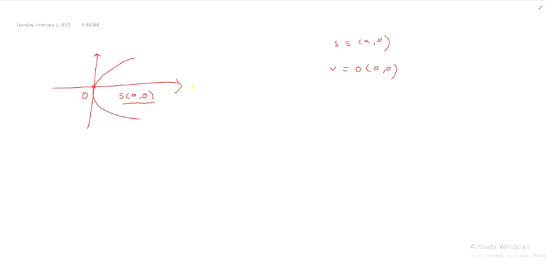The axis of symmetry for this parabola is the x-axis, okay, because if we see, this curve lies half below the x-axis and half above the x-axis. We can prove this also. Let us see, the equation of the parabola is y square is equal to 4ax.